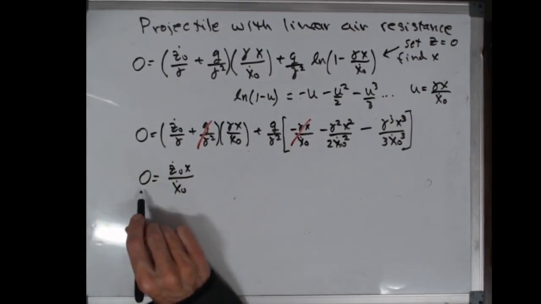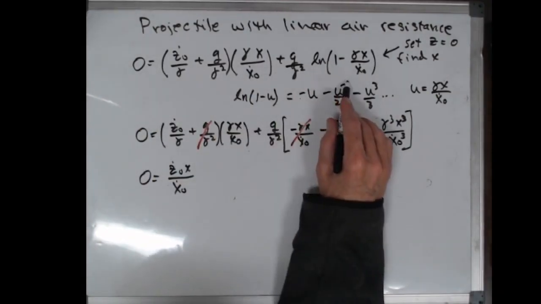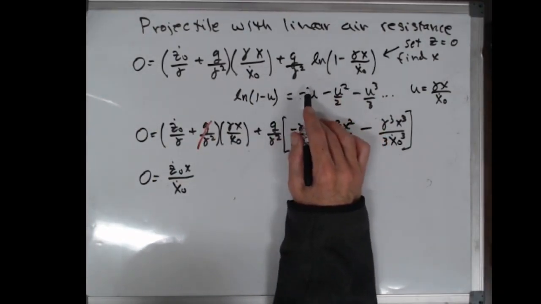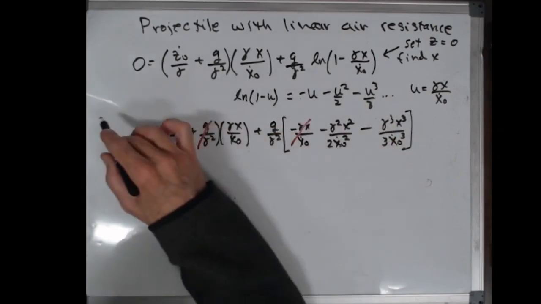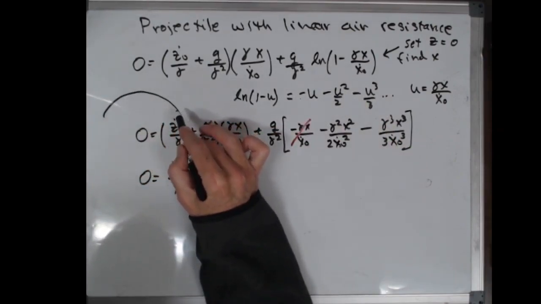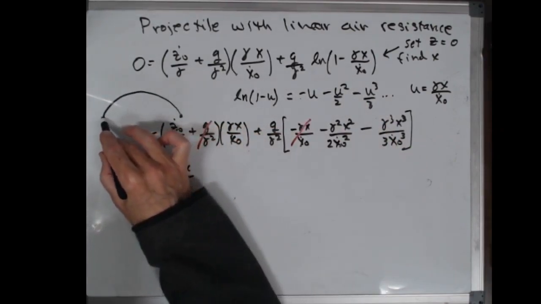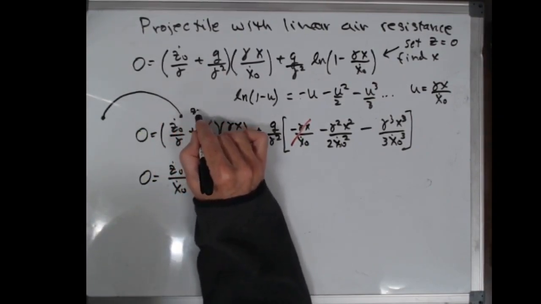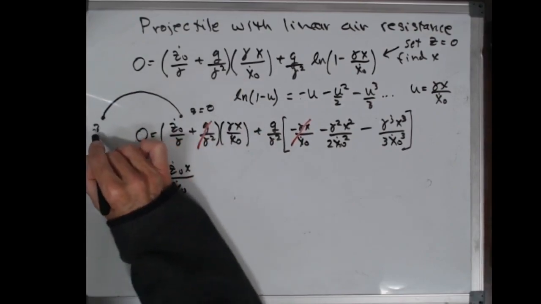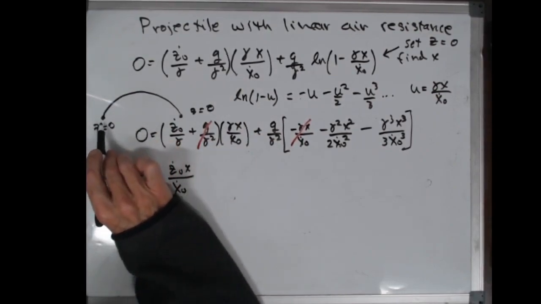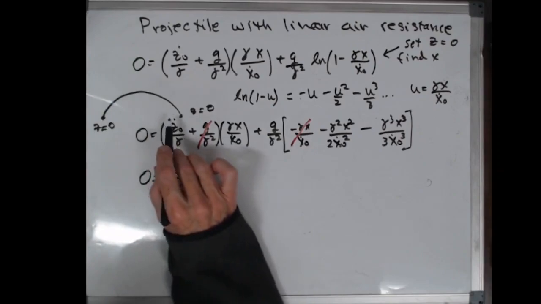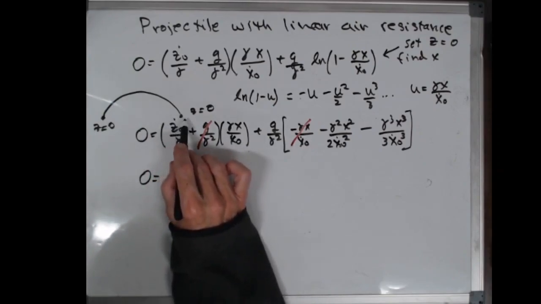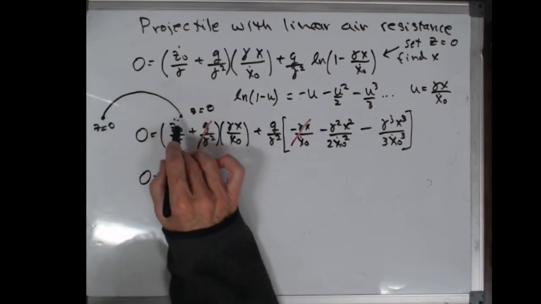Remember, the 0 here is because this was actually an equation for z, and we're trying to find the maximum value of x, and so this is a projectile motion problem, and so I have an x position here and an x position here, and so when z equals 0 at the ends, one of them is going to give me the initial starting position for x, which we set to 0 actually back there, and then this will give me the maximum value that x has when z is 0, so when it's back on the ground.